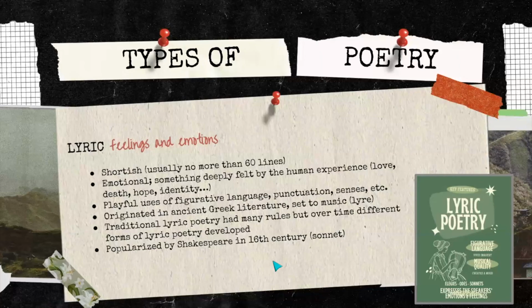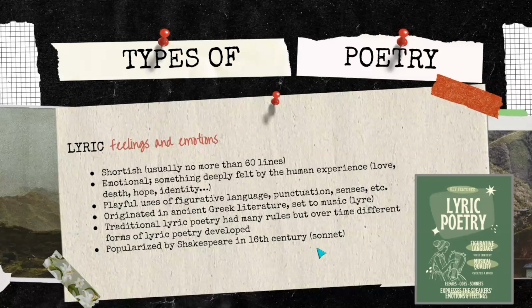So here are some things about lyric poetry. This particular green page will take you to a resource that features some examples of lyric poetry. So essentially, lyric poetry is short-ish in the sense that it usually has no more than 60 lines. It's got some sort of a connection to the human experience. It uses figurative language playfully. It creates vivid imagery.